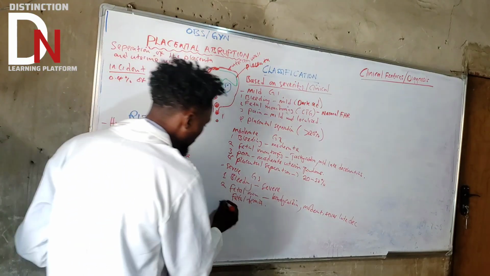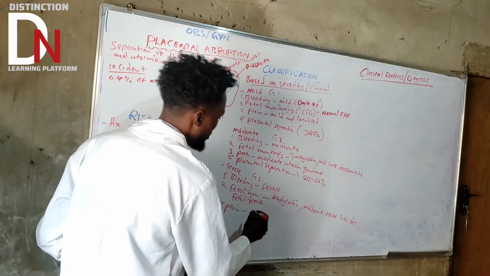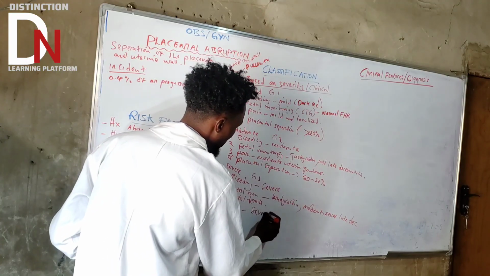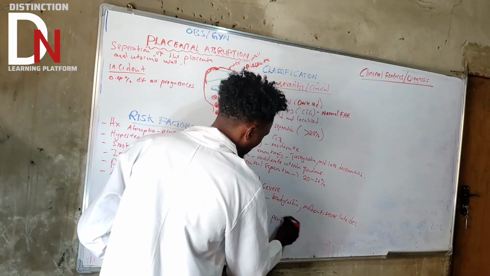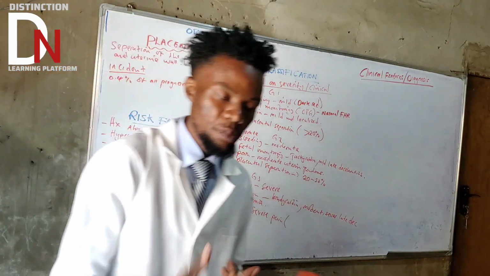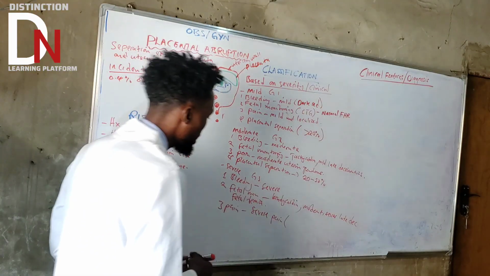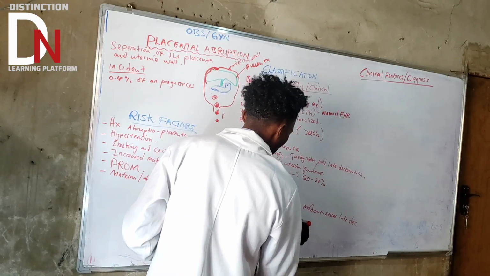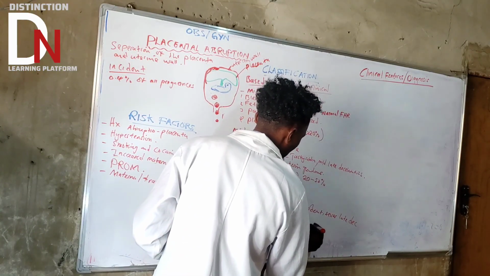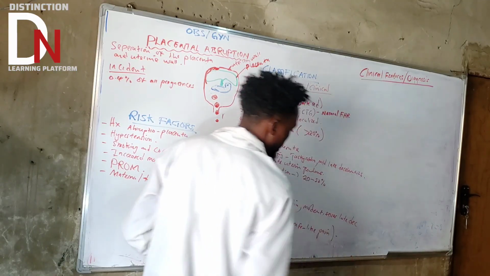Number 3, if you talk about the pain, there will be now severe pain. I'm going to be more specific. They call it knife-like pain. The character of this severe pain is knife-like pain. So basically they say the stabbing pain.